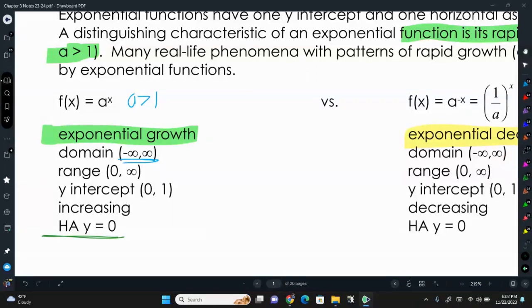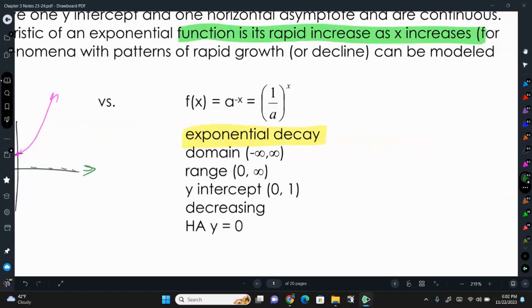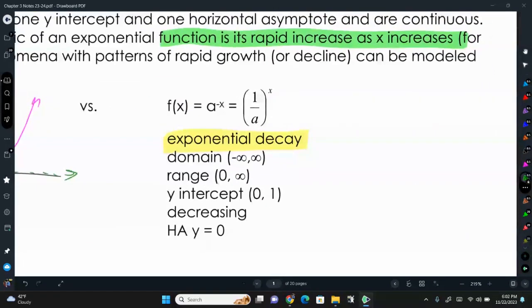So a rough sketch of this would look like this. And our asymptote would be at y equals 0. Then we go and look at exponential decay. You'll notice that we have a negative exponent.